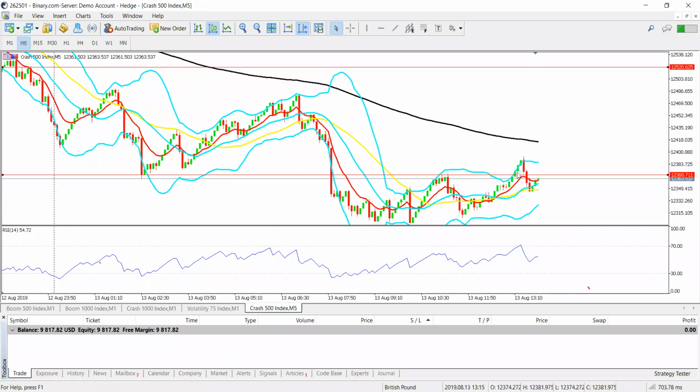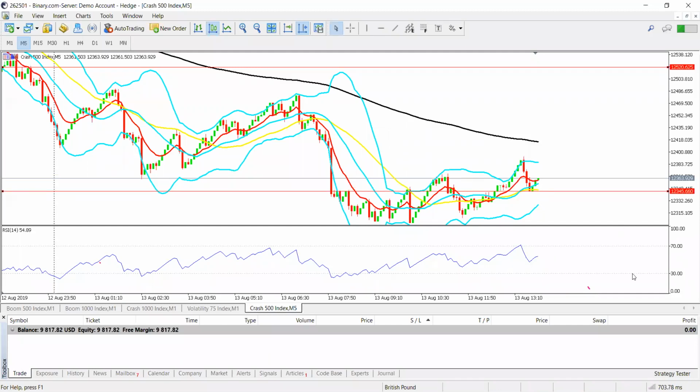Same thing here when you go a bit down. When you take this line a bit down, you will find that there'll be crashes happening on resistance as well.